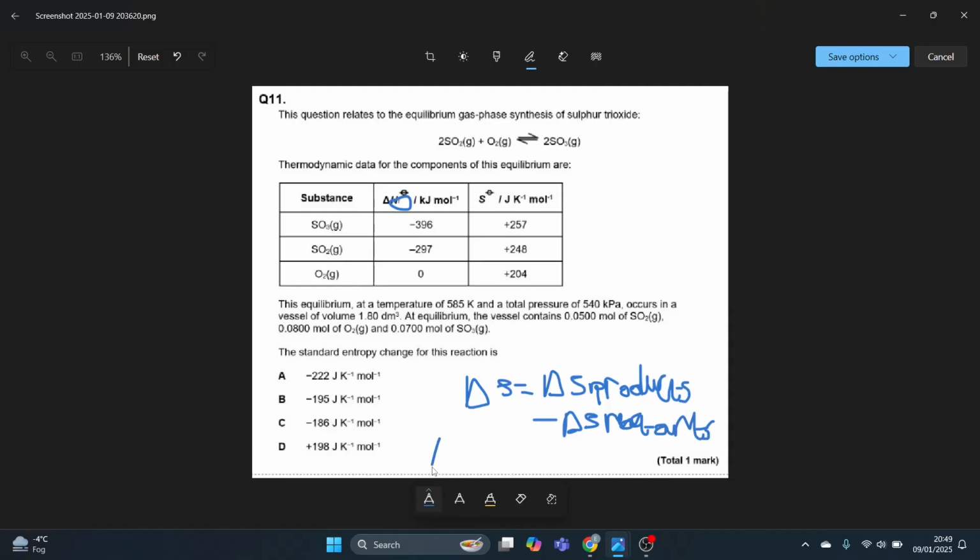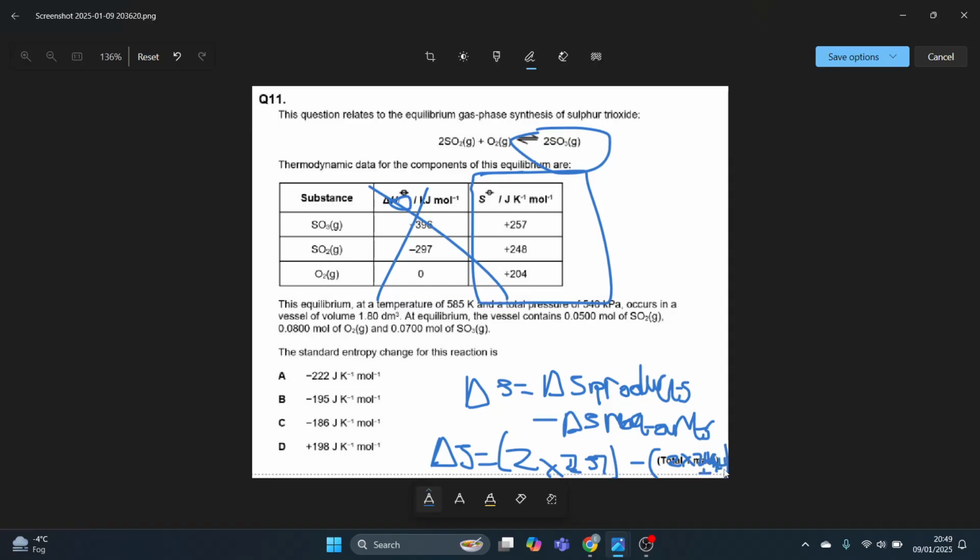So it's going to be entropy of products, 2SO3. We obviously don't care about that. We're caring about the S, the entropy data. So it's going to be 2SO3. So 2 times 257, that's a product, minus 2 times 248 plus 204.